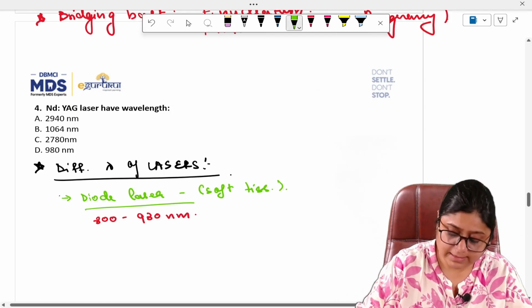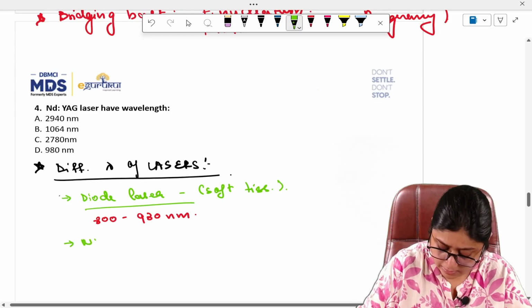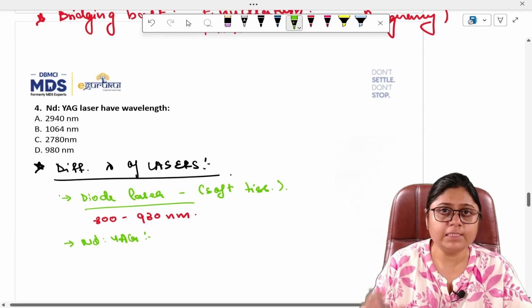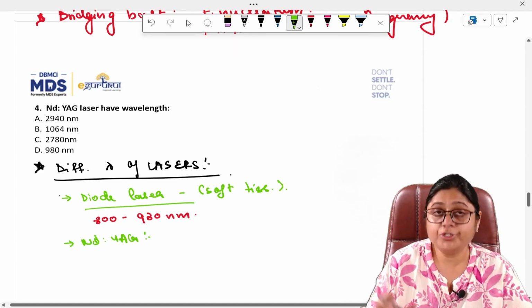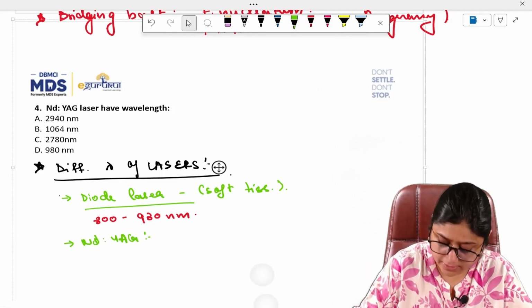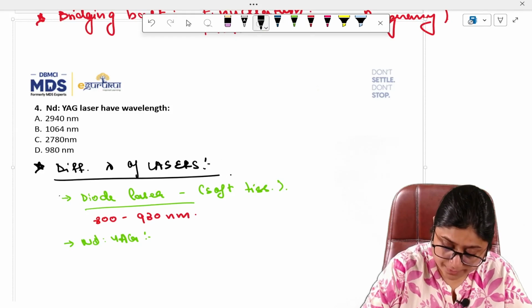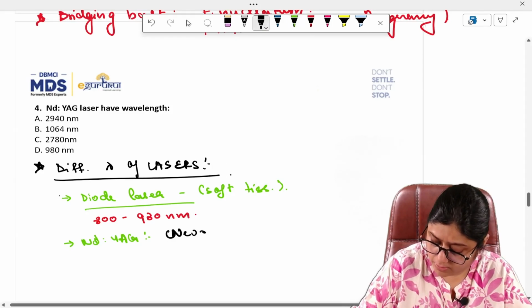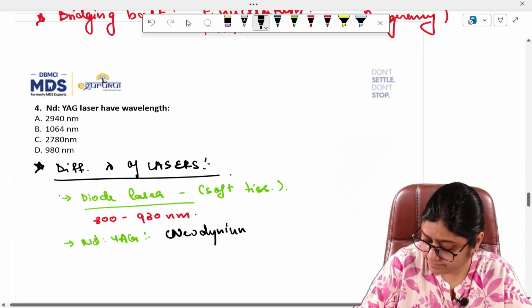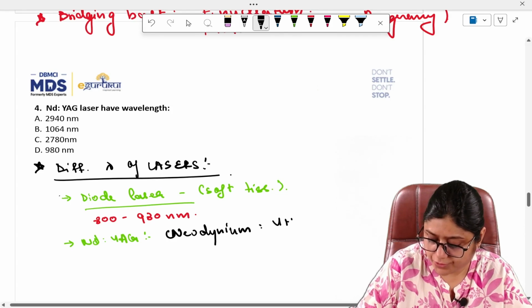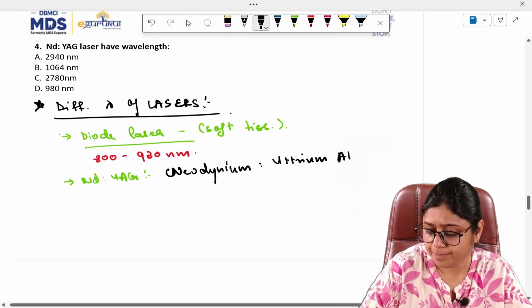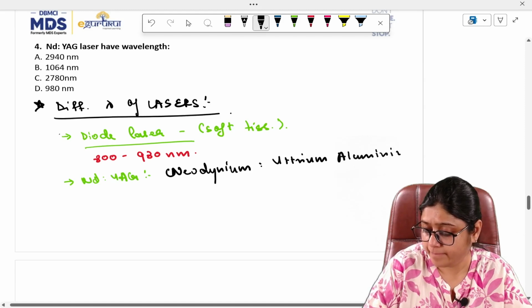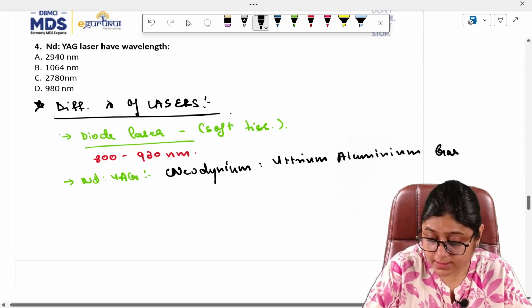Okay, now the next laser is Nd:YAG. Nd:YAG means neodymium yttrium aluminum garnet.